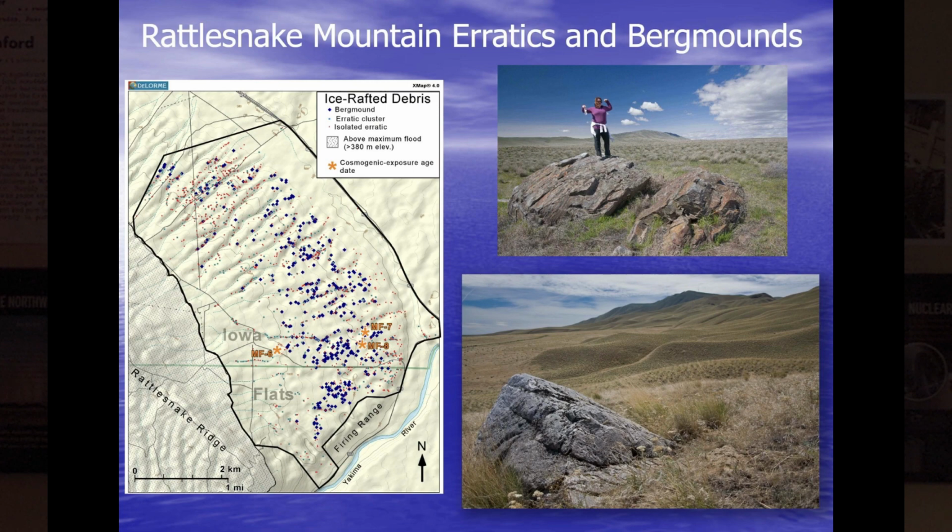About 75% of all erratics I mapped were granodiorite or granitic rocks. And these argillites only make up about 10% of all the erratics. There are quartzites also that come from the Belt group, similar to the argillite.